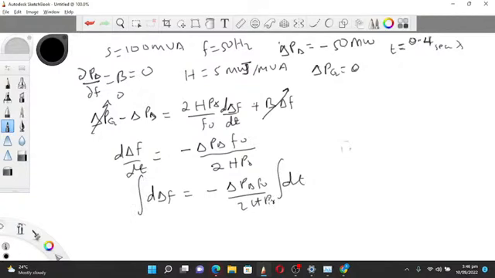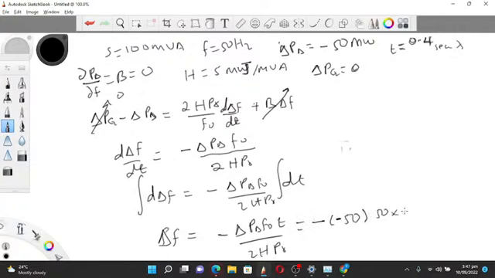They only gave one time. Okay, so this becomes a change in F as negative change in PD F0 T over 2HPR. The negative times negative 50 megawatts. Our frequency is 50 times 0.4 seconds. 2 times our H is also 5 megajoules per MVA.